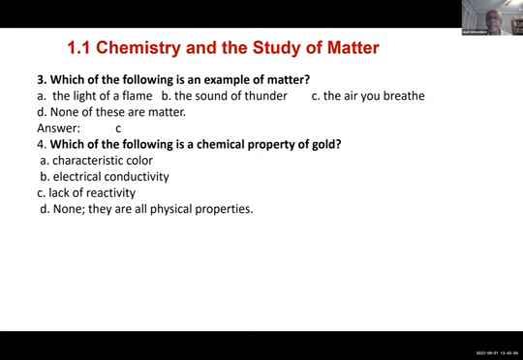I'm waiting. Can you tell me the answer to which of the following is a chemical property of gold? If you have a problem, you can ask. Why? C. Okay, C is the correct answer.